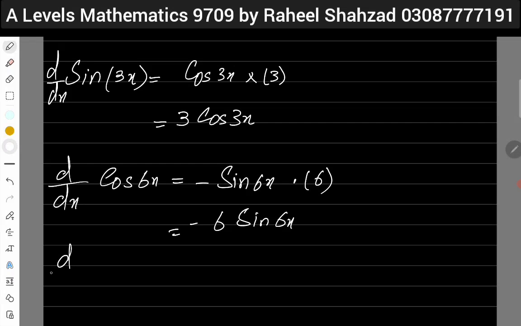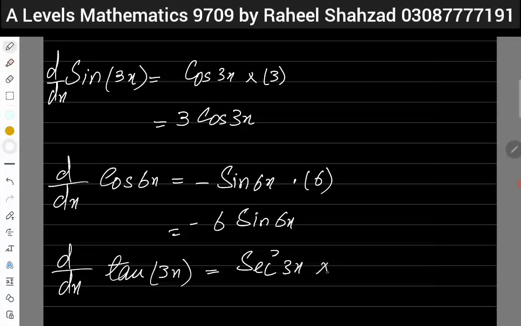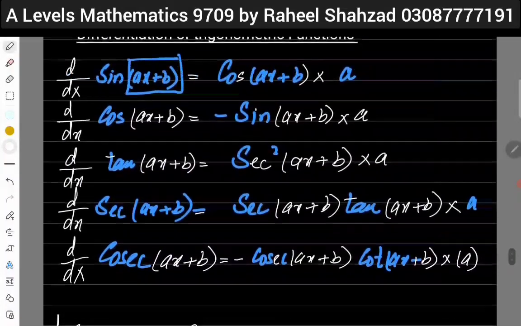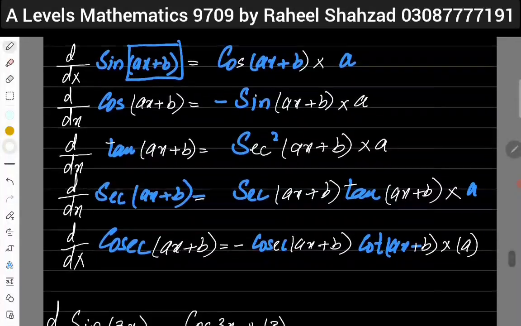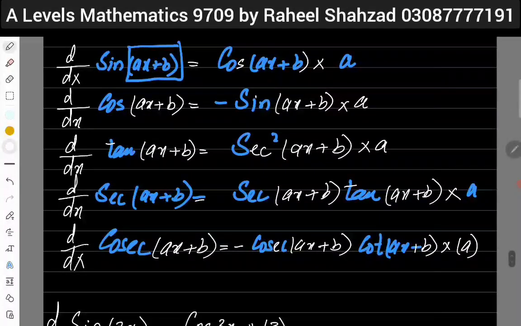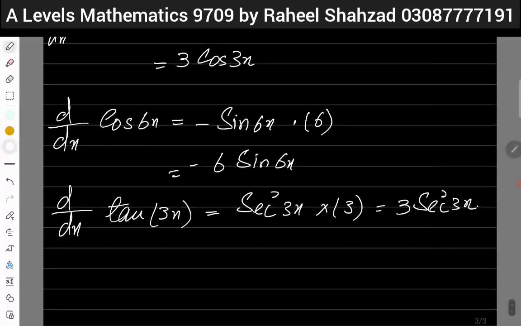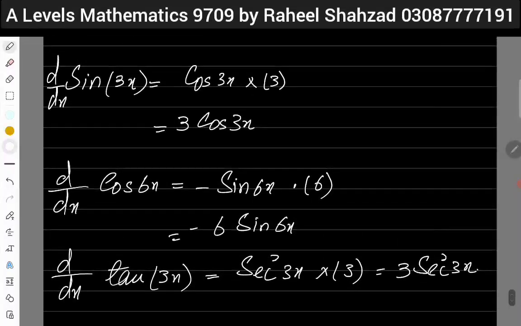Okay, and similarly, if we have to find derivative of tan 3x, that is going to be secant square 3x into derivative of the angle, that is 3, and you can write it as 3 secant square 3x, right? So we will be using all these formulas, sine, cos, tan, secant, cosecant and cotangent for differentiation, and it is done in this way.